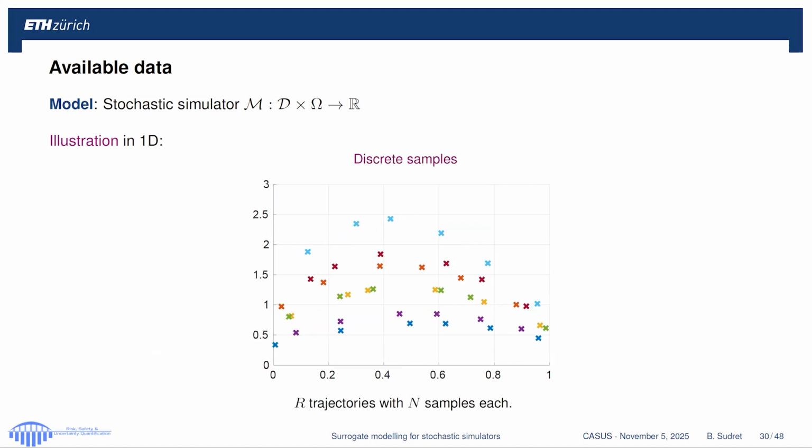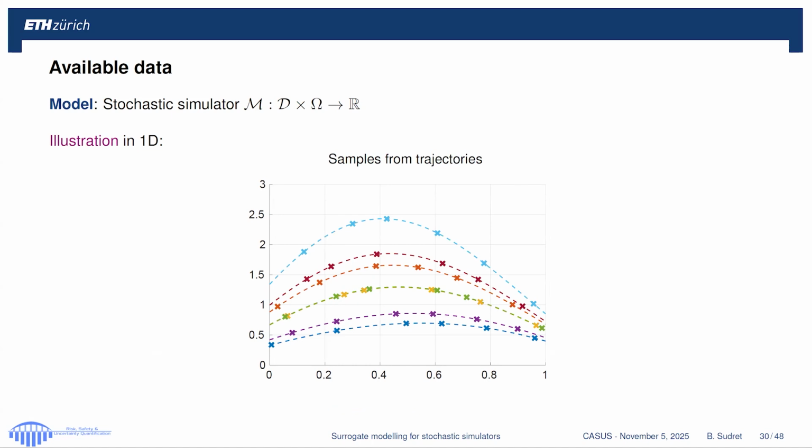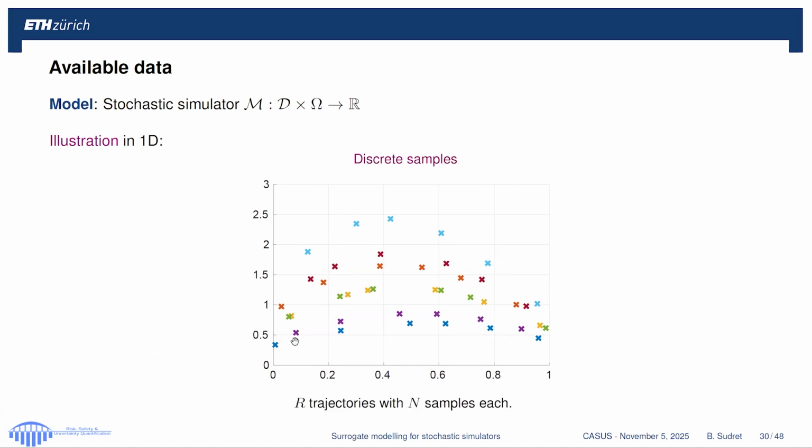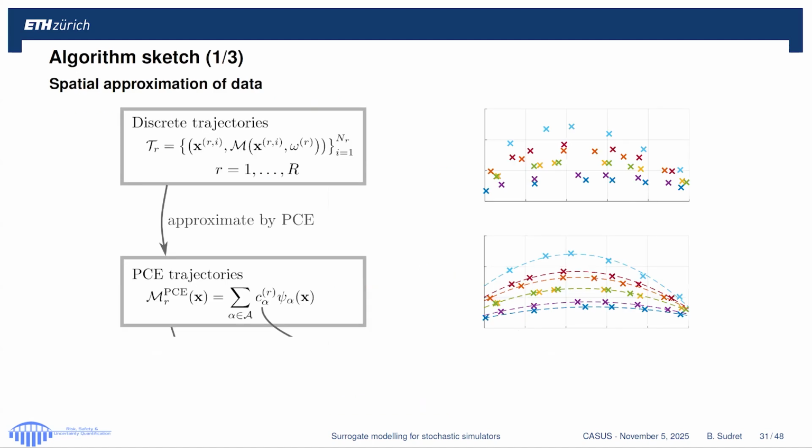First step: that's how the points look, and we assume that there are underlying trajectories, if we have many points, which are those lines. But what we have in practice is just this cloud of points. Remember, each line or each color is now a deterministic function of x, so we can build a surrogate as usual: Gaussian processes, polynomial chaos, whatever. Here we use polynomial chaos because it fits well with the rest.